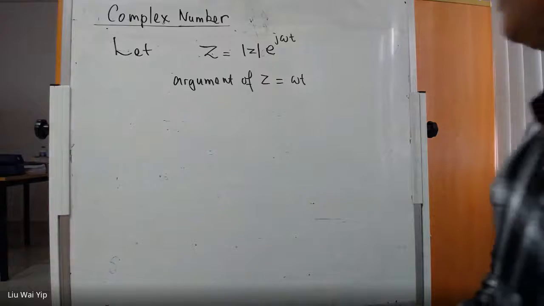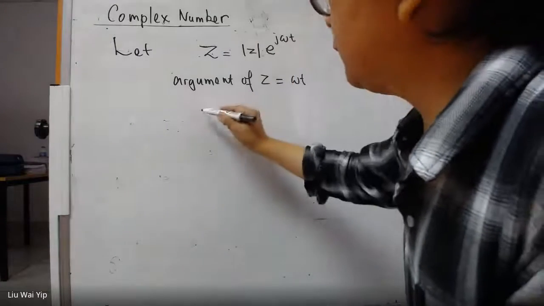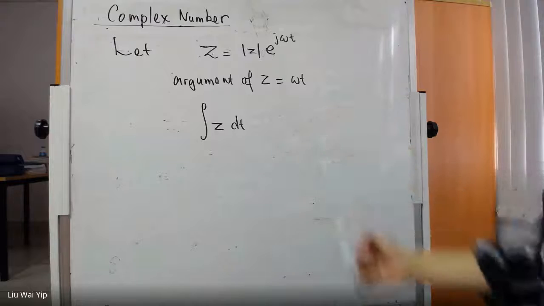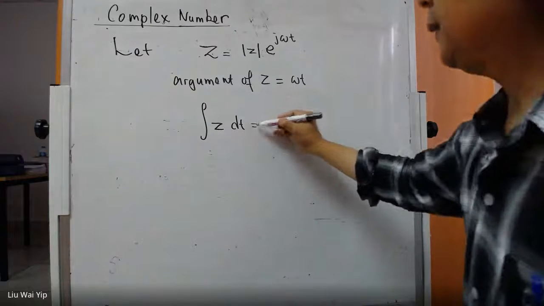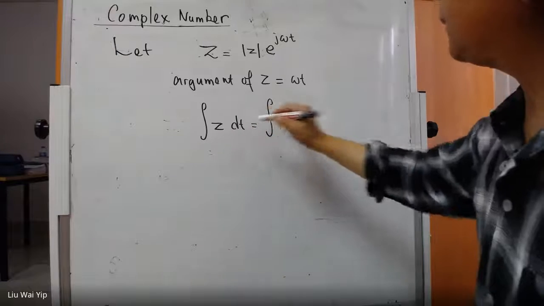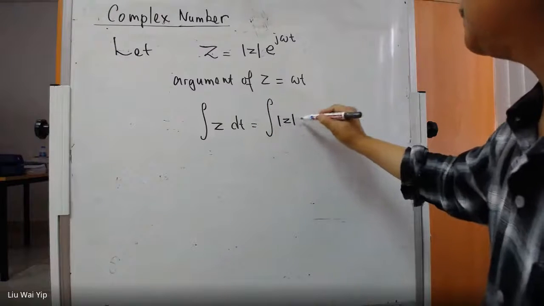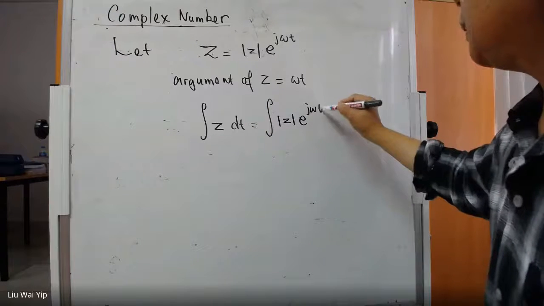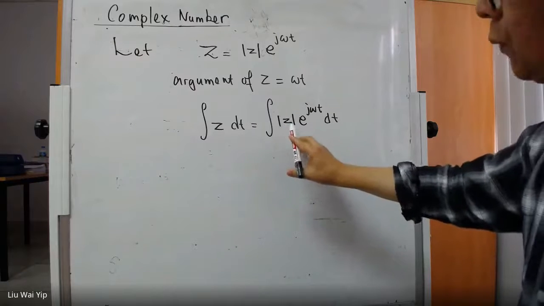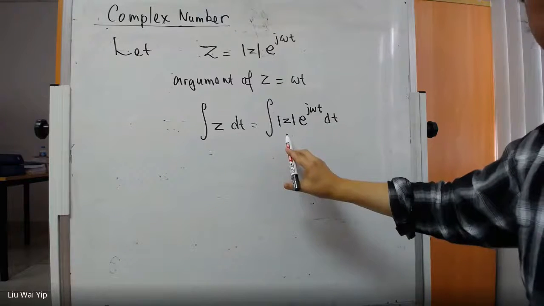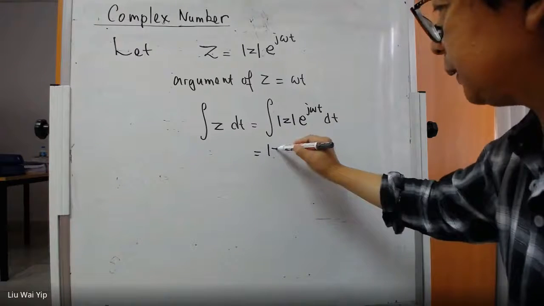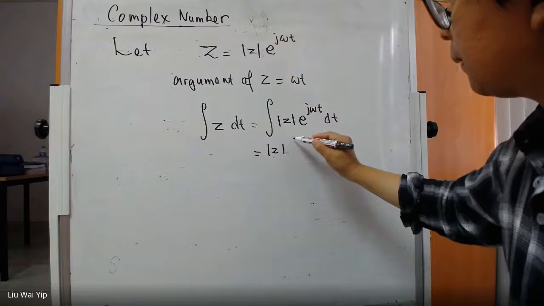And I'm going to integrate Z dt and see what happens. If we do that, then we will substitute. Because the absolute value of Z is basically a constant, we should move the constant out of the integral to make our life easy.